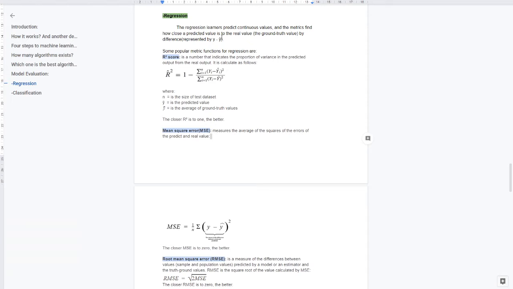R² score is a number that indicates the proportion of variance in the predicted output from the real output. It is calculated as follows.